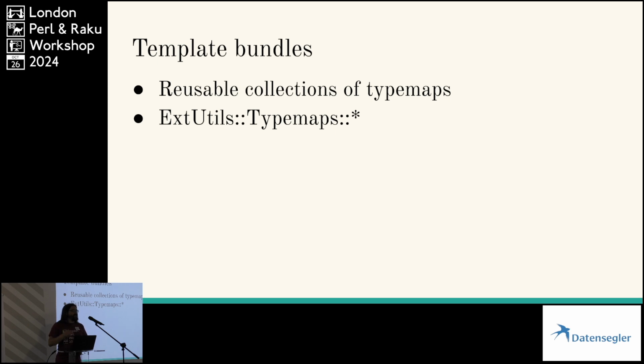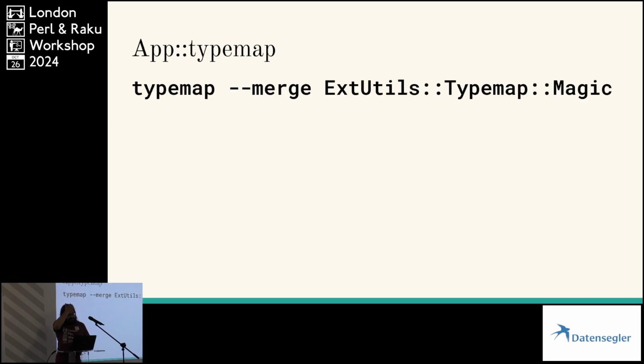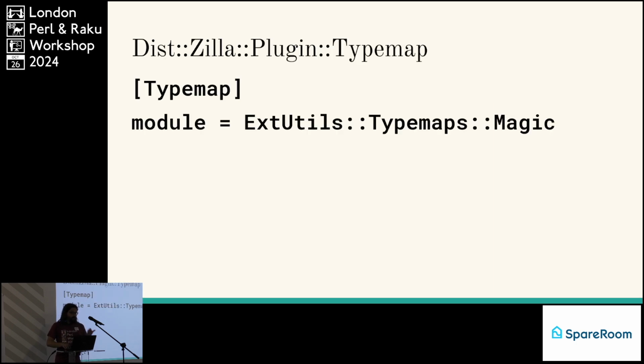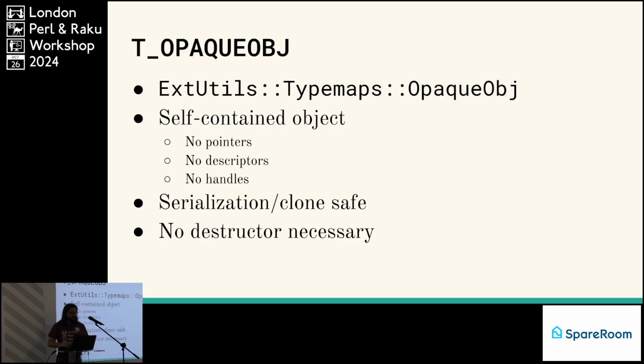When I say there are bundles, I really mean there are 2 people who've written bundles, and I'm one of them. So basically I wrote this tool for you. If you need to use a bundle, you can just run this command once, and it will write the latest version of that bundle to your typemap file, and then it automatically works. Or with DZIL, you can do the same.